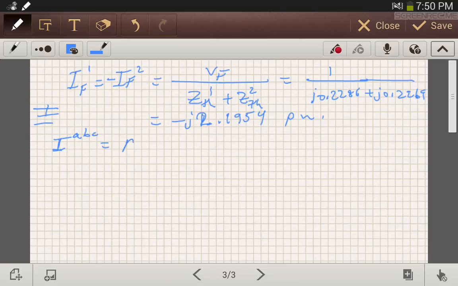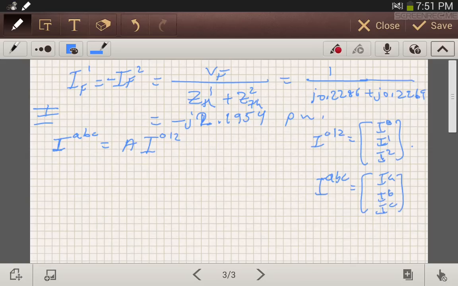So this will be A times I012, and when I write I012, it's actually I0, I1, I2, and when I write IABC, it is IA, IB, and IC.